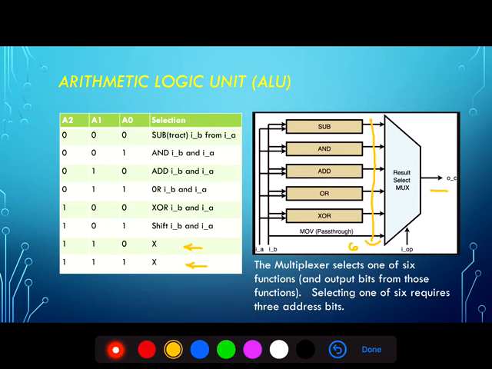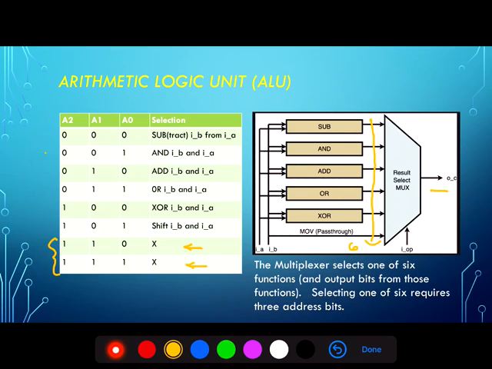They'll be grounded or otherwise not used. So in this case, when we optimize the multiplexer, we can treat those outputs as don't cares, as long as we've carefully designed the circuit so that these 2 input combinations for A2, A1, and A0 never happen. The other 6 combinations are straightforward.